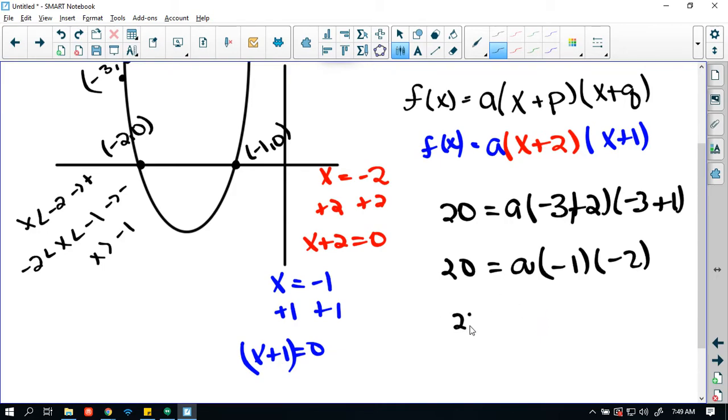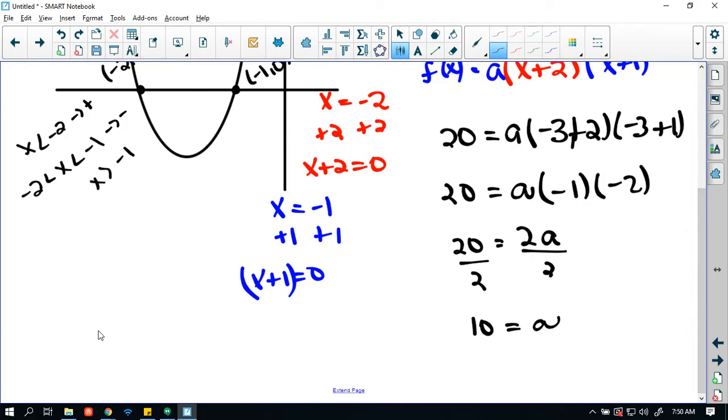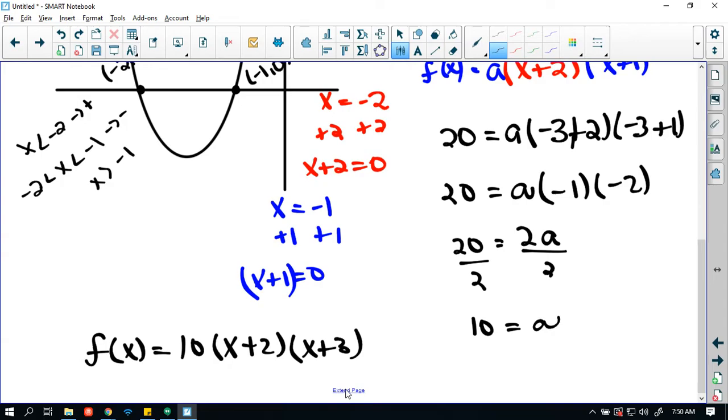All right, so then I get 20 equals 2a, because negative times a negative is a positive, 1 times 2 is 2. Divide by 2, and I get 10 equals a. Substituting that back into my function, I'll get f of x equal to 10 times (x + 2) times (x + 1).